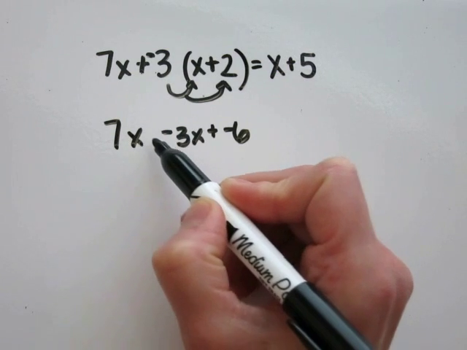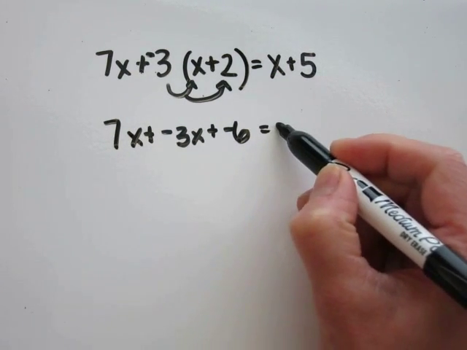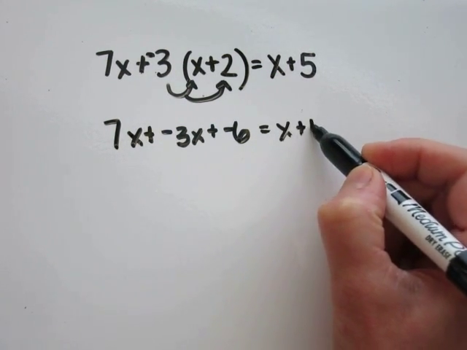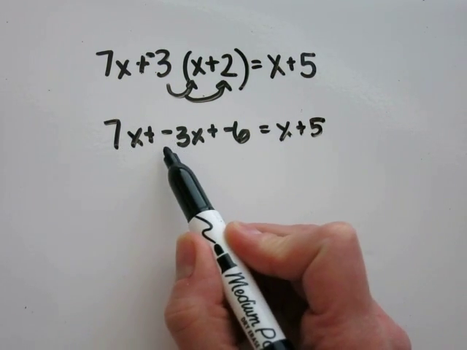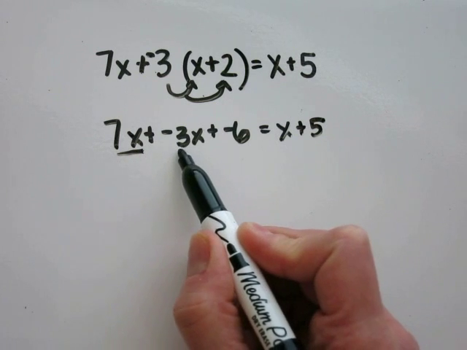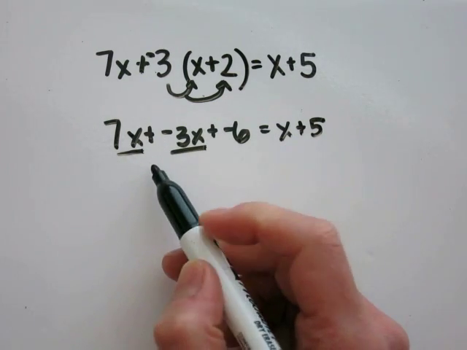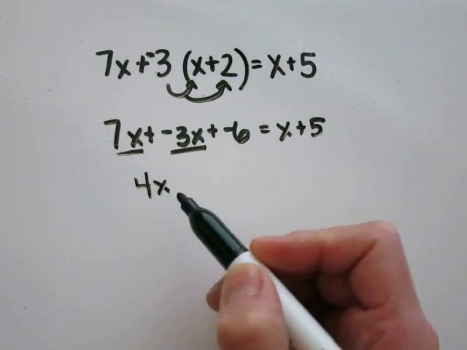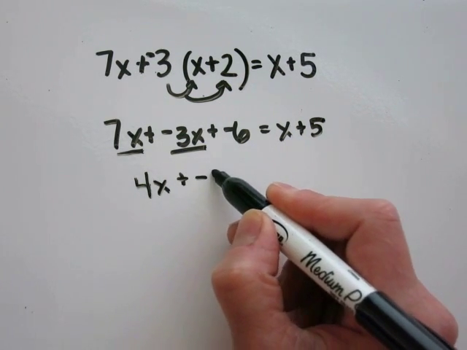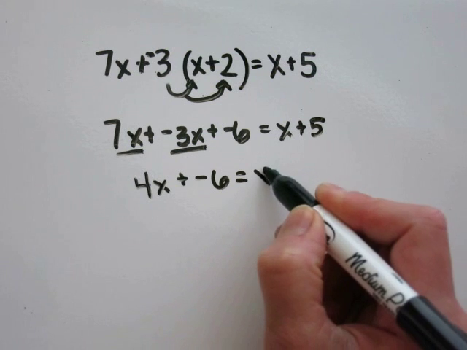Carry everything else down. I can combine like terms on this side. I have a 7x and a negative 3x. 7 plus negative 3 is 4x. Keep everything else the same.